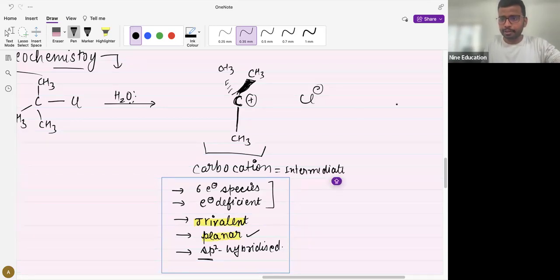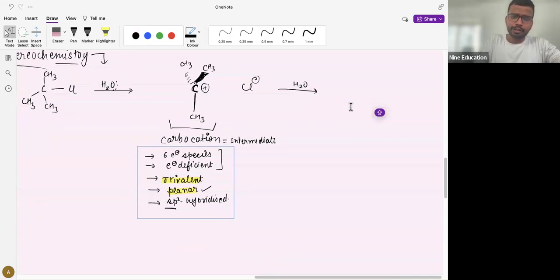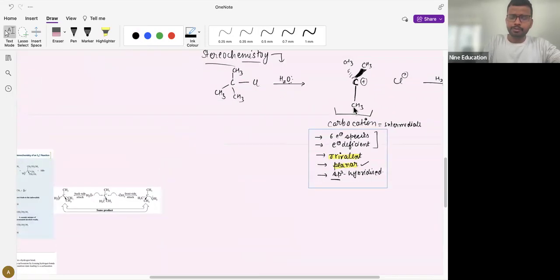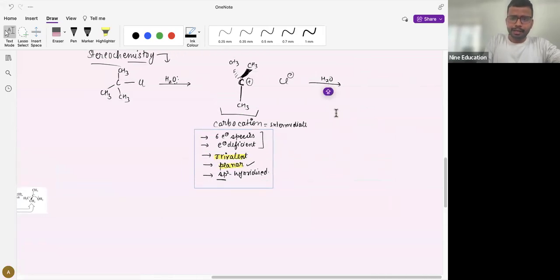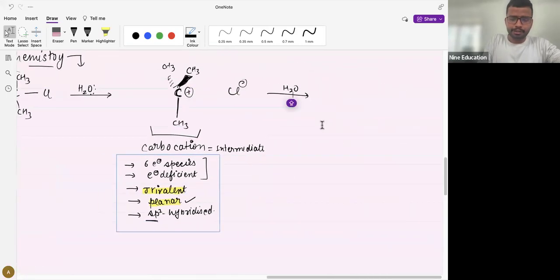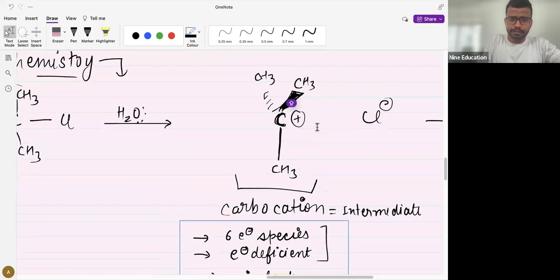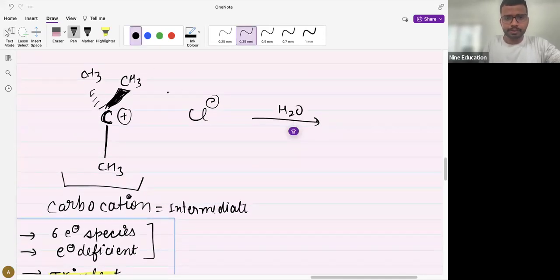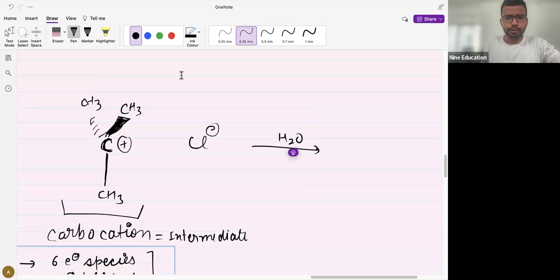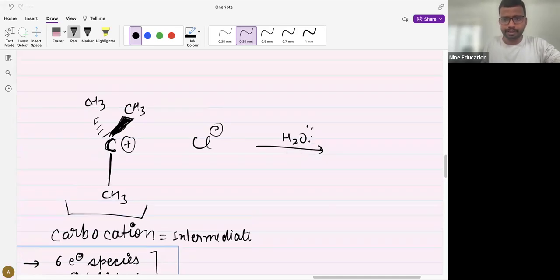Now we will see the stereochemistry, how H2O will come and attack on this carbocation. So when chlorine minus goes away, H2O has 2 possibilities to attack.